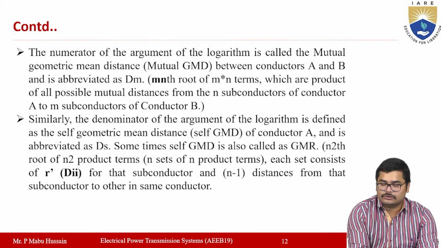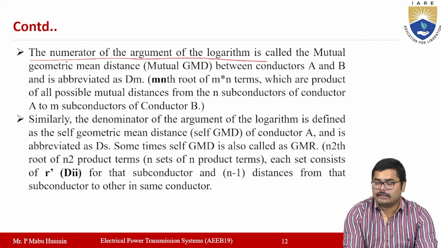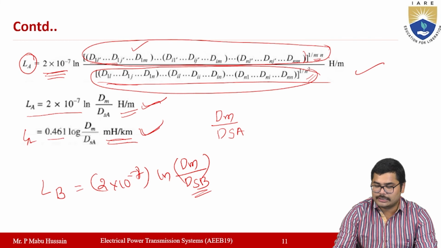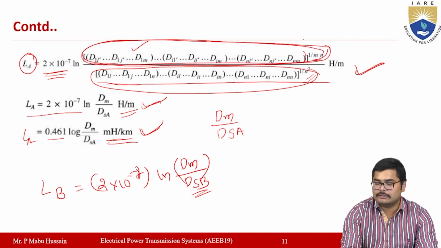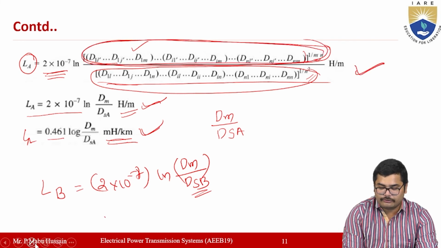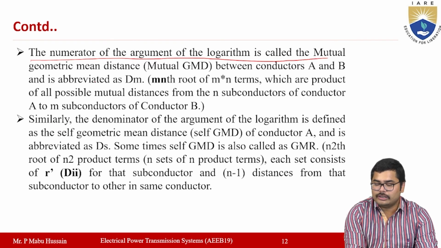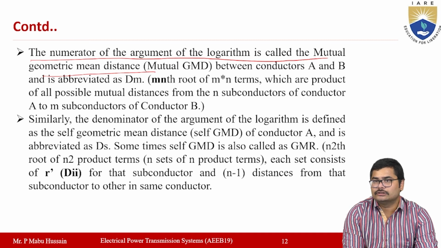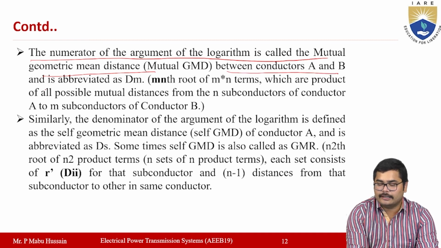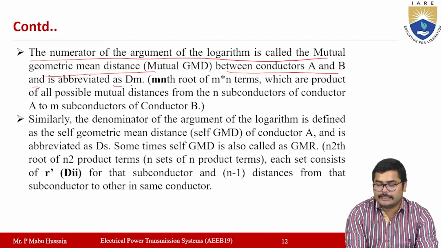So what is this? Here, the numerator of the argument in the logarithmic term holds the mutual geometric mean distance between conductor A and conductor B, and it is denoted as dm.